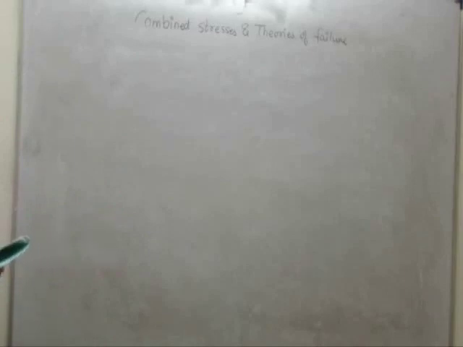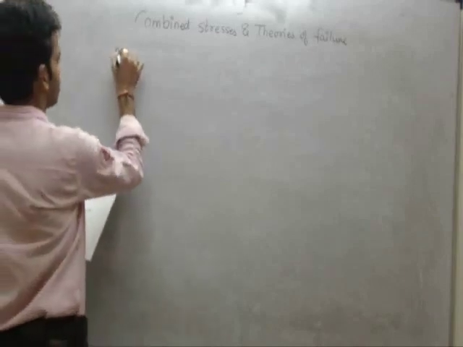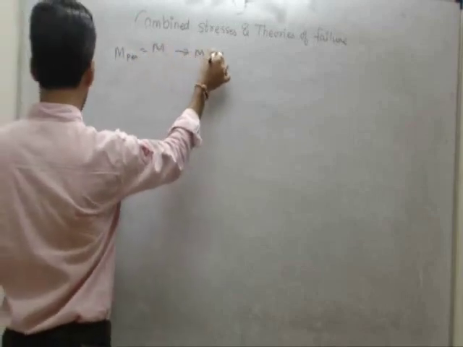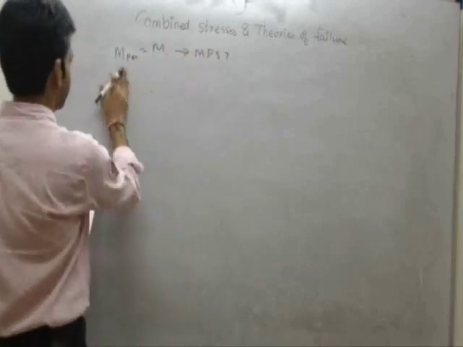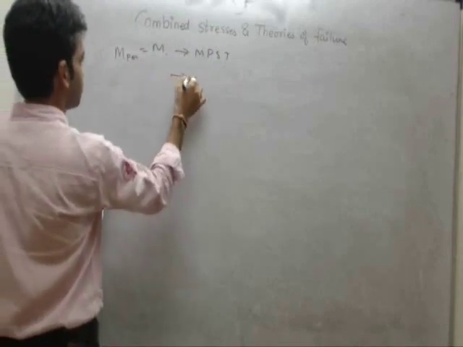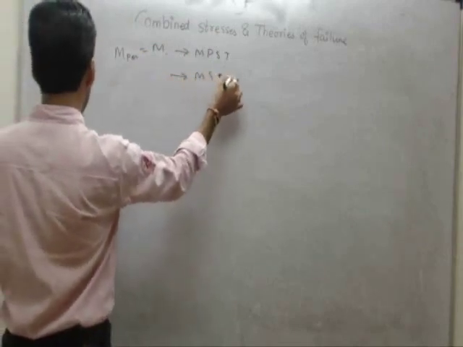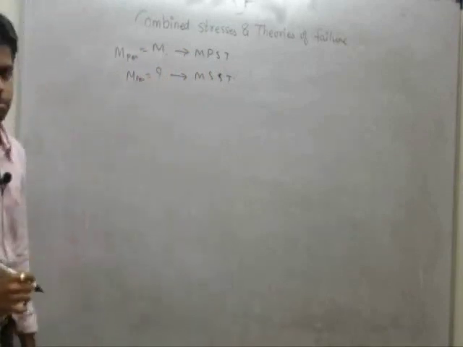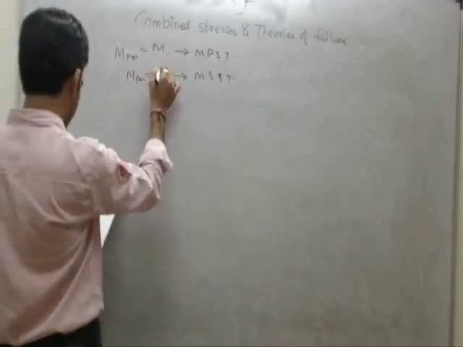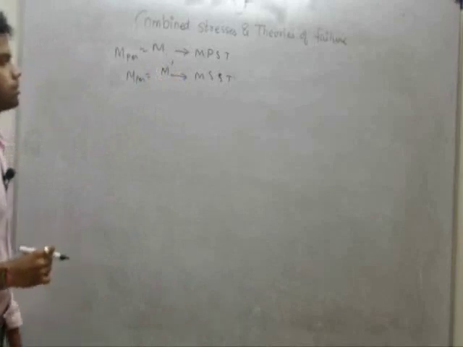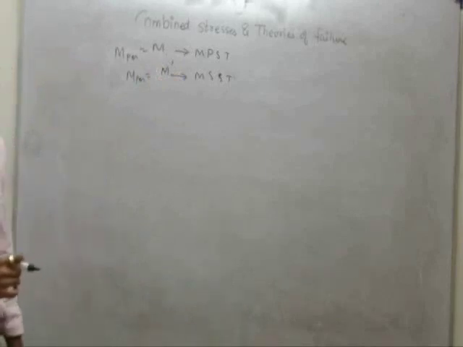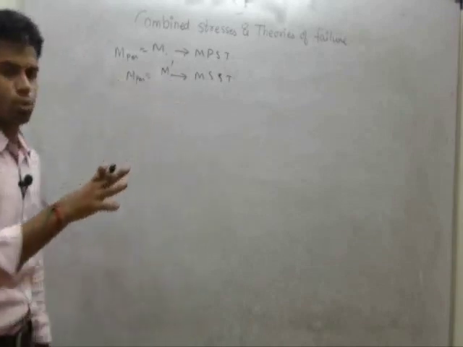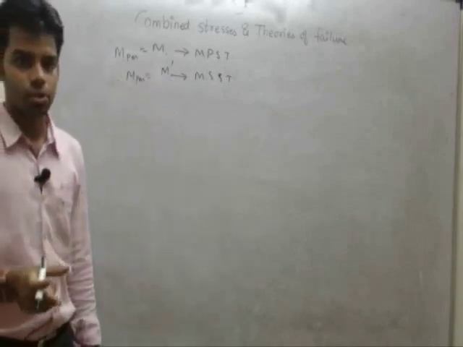According to maximum principal stress theory, maximum permissible moment is M. Then according to maximum shear stress theory, this maximum permissible moment we have to determine. And suppose, as we have considered, this maximum bending moment is M dash. Now the same thing we have to do, but in this case T will be 0.